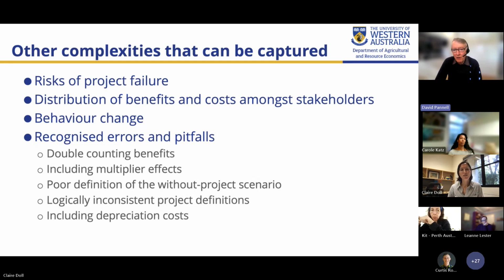We don't want to include multiplier effects in a benefit cost analysis because, for various reasons, it's not a valid thing to do. We want to avoid having a poor definition of the without project scenario. I showed the without project scenario in that with versus without scenario graph, so you can get a sense that it's a relevant consideration.